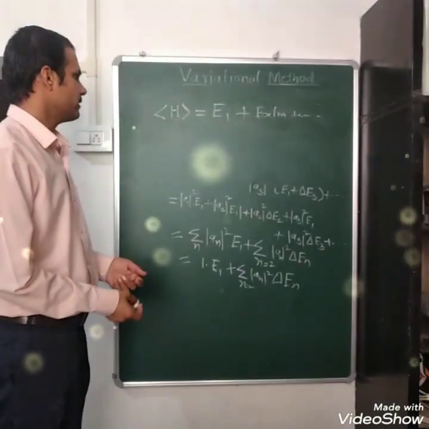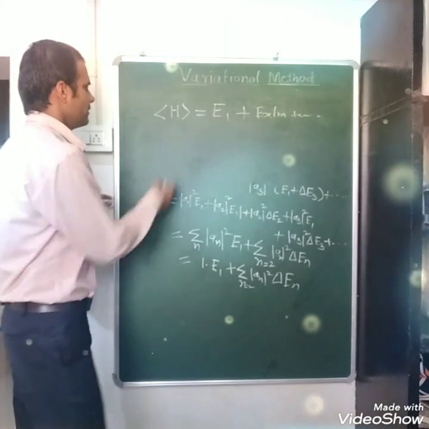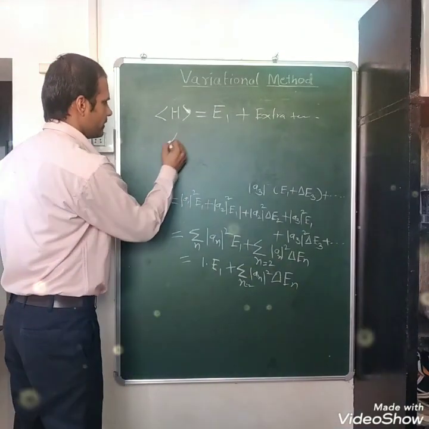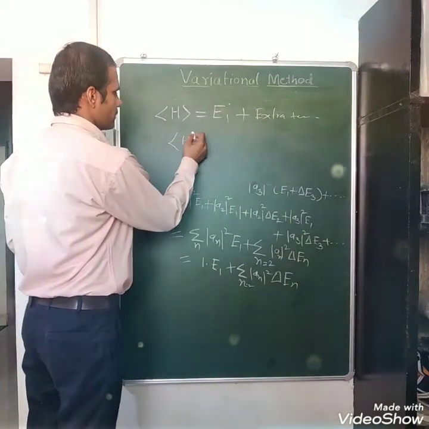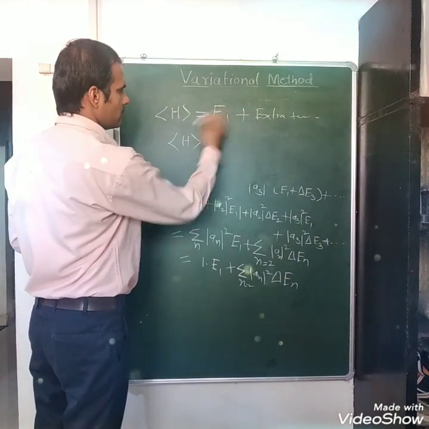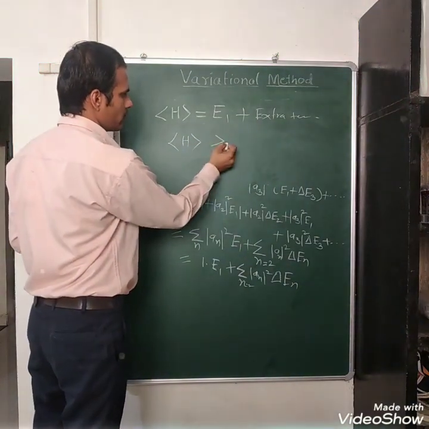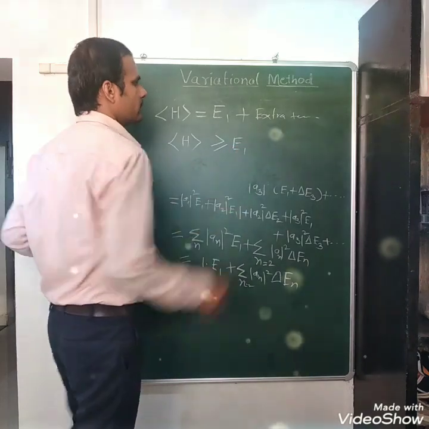Then automatically we can write expectation of H is equal to or greater than E1.